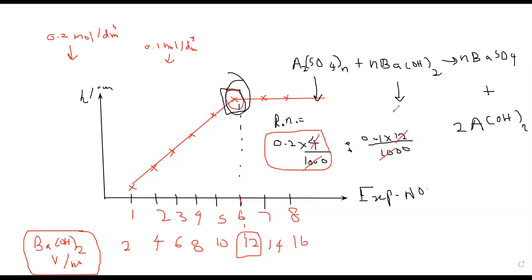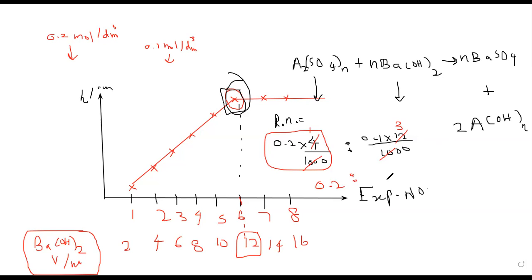We only change the added barium hydroxide volume. Now take the simplest ratio. The 1000 cancels off. 4 to 12 is 1 to 3.